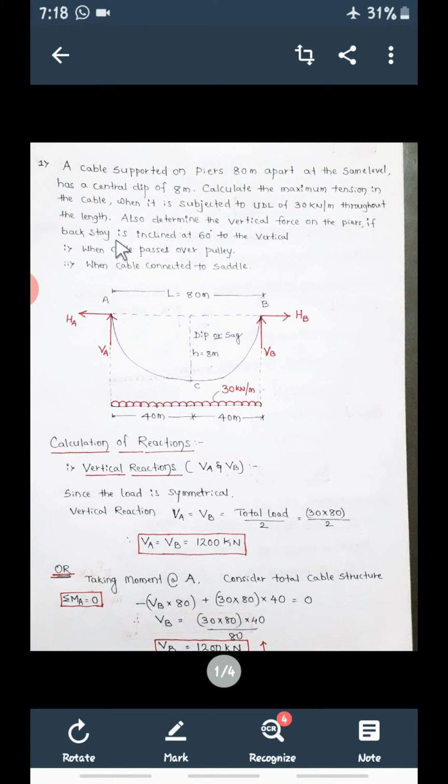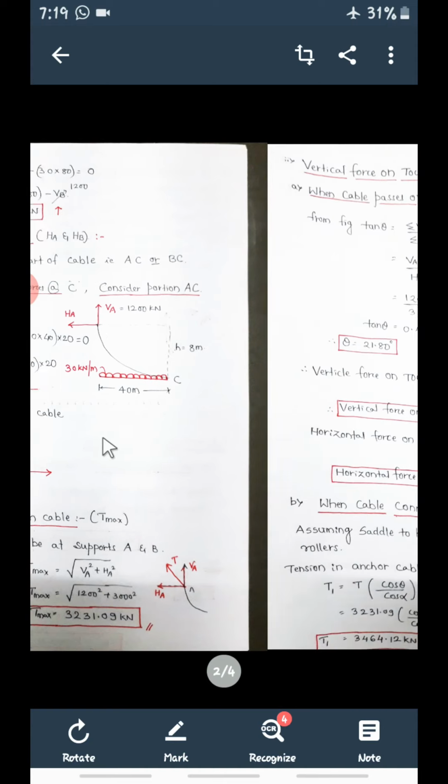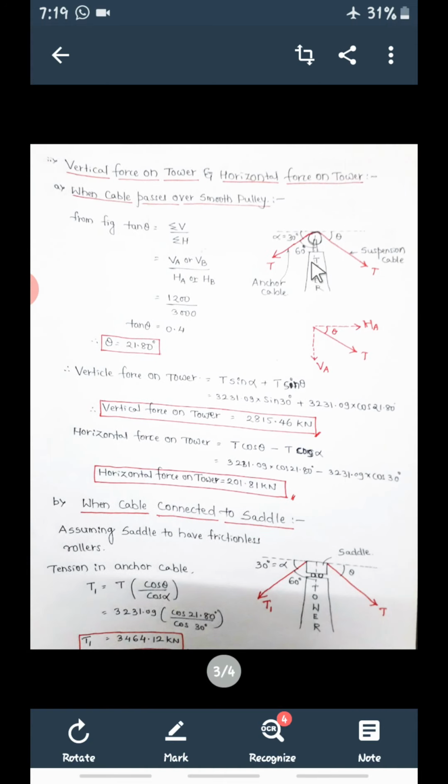Backstay is nothing but the anchor cable. If the anchor cable is inclined at 60 degree to the vertical, remember, try to understand this term. It is 60 degree to the vertical. So this anchor cable is making an angle of 60 degree to the vertical, not horizontal.